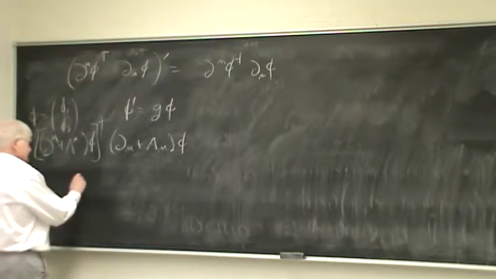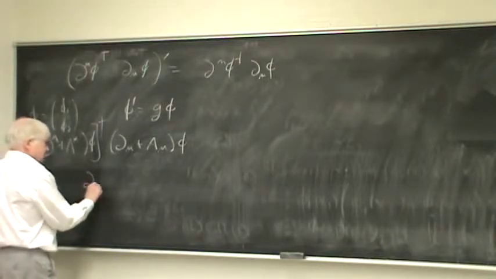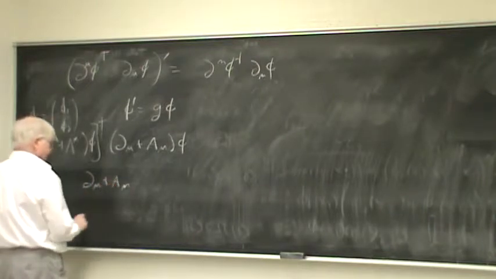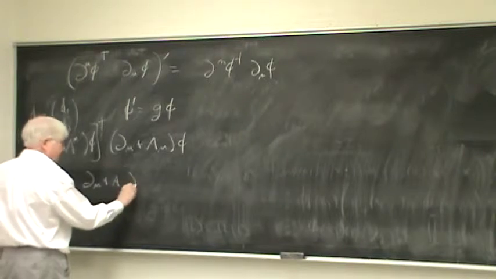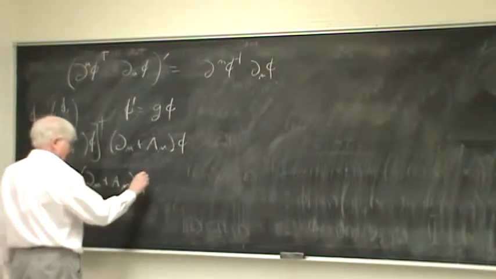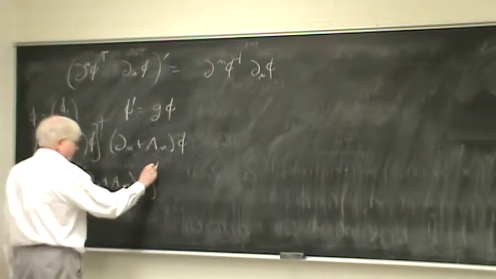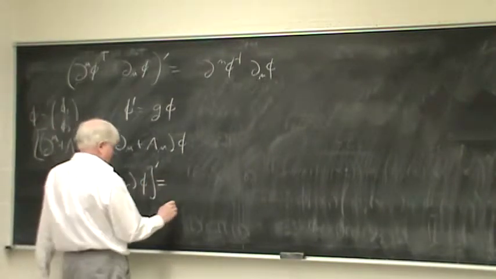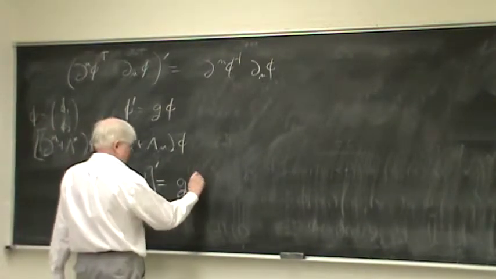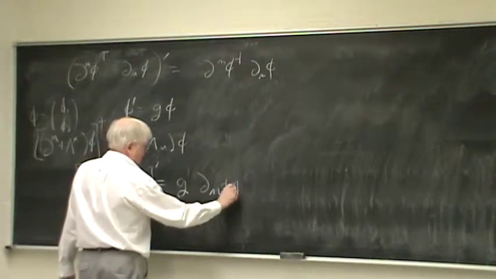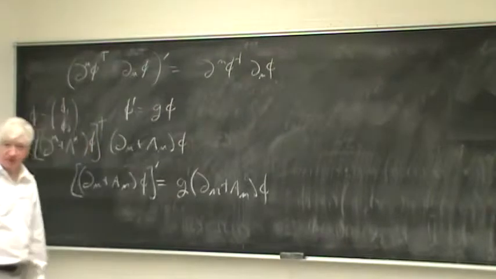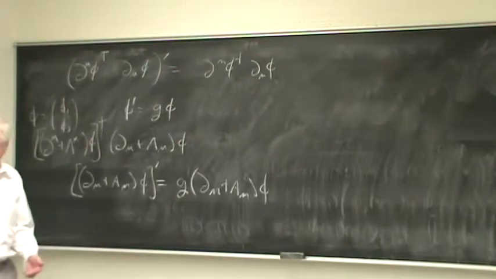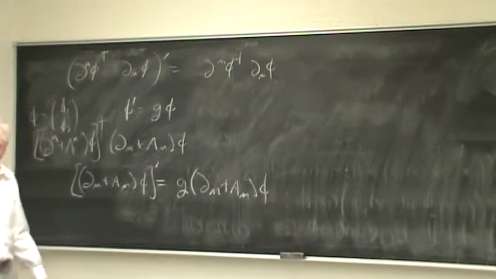What you need is that d mu plus a mu prime acting on phi prime is just g times d mu plus a mu acting on phi. I'm doing non-abelian gauge theory for you, and then we can specialize to the abelian case.